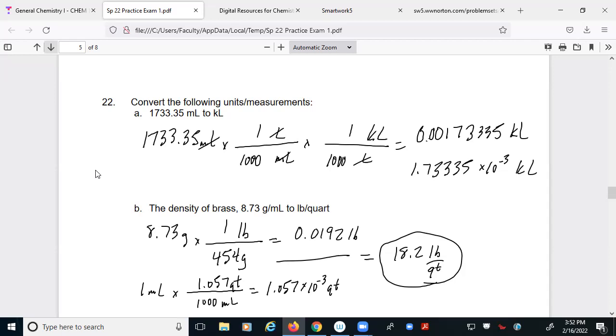I wasn't asking for a specific px, py, pz. I was just asking, what does one look like? And if it was clear that that's what it was, I gave you credit for it.